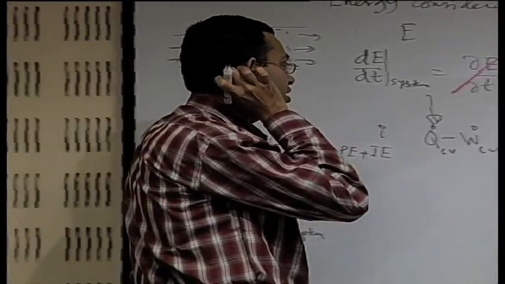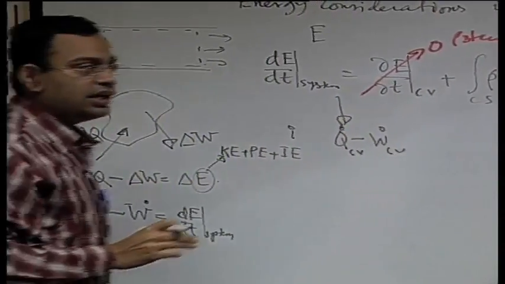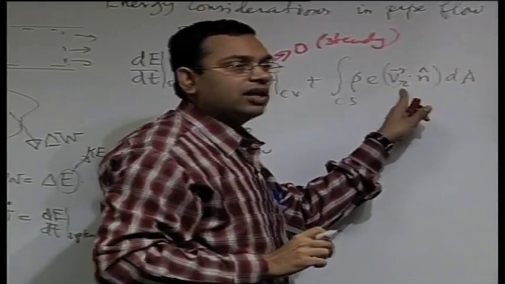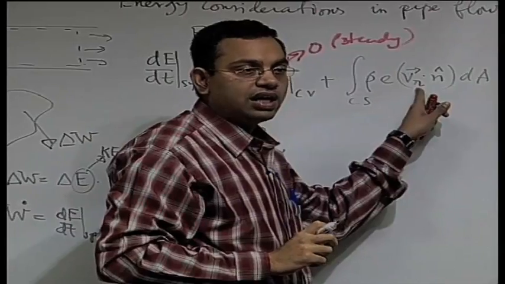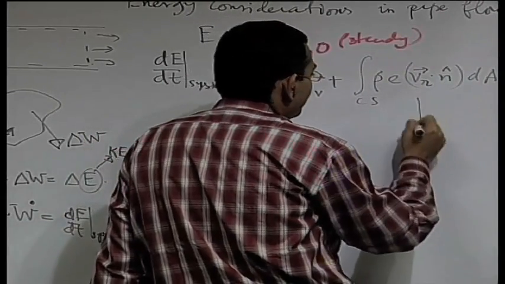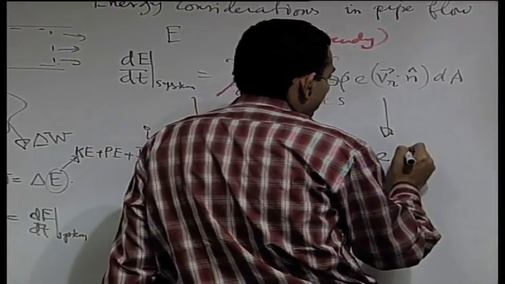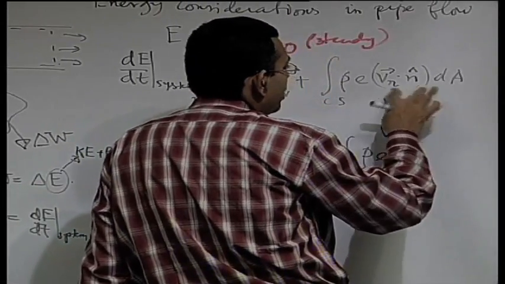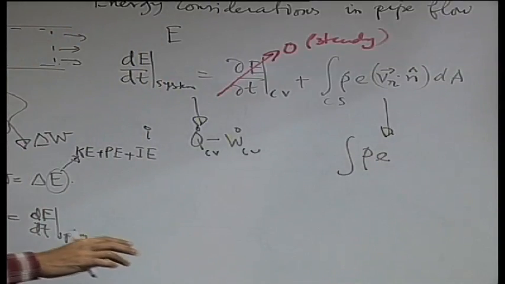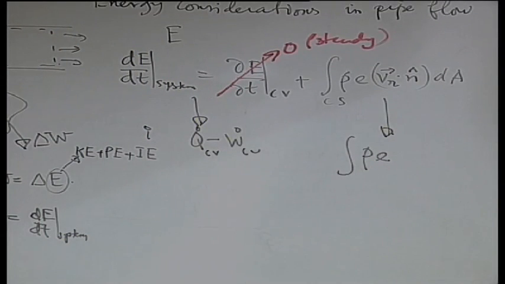Now let us concentrate on the right hand side. First of all, this control volume is stationary, so the relative velocity and the absolute velocity are the same. So this will be equal to integral of rho e v dot n dA; for the outflow it will be positive and for the inflow it will be negative.